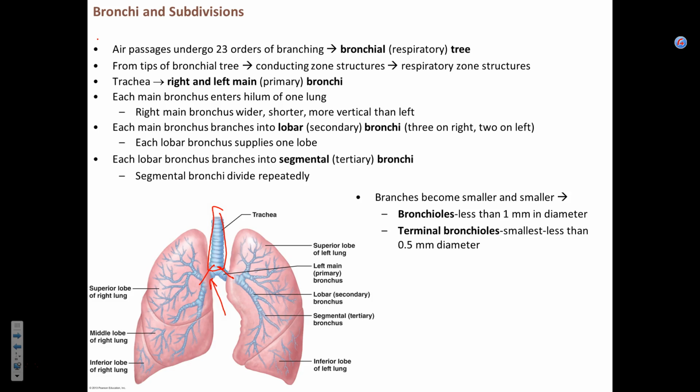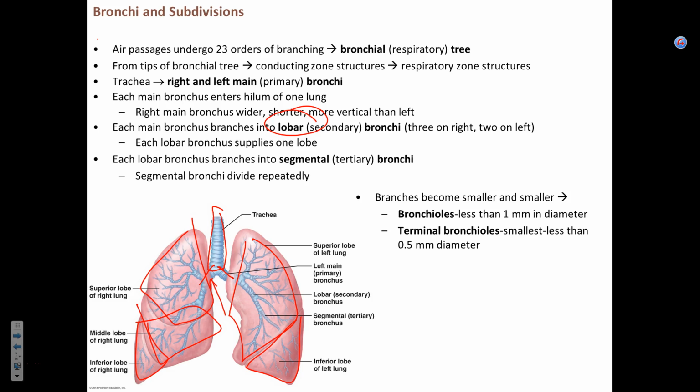Surprise, surprise. Then each primary bronchus branches into the secondary or lobar bronchi. So you see the right lung here has 3 lobes, and the left lung has 2 lobes. So you're going to have 3 right lobar bronchi and 2 left lobar bronchi.